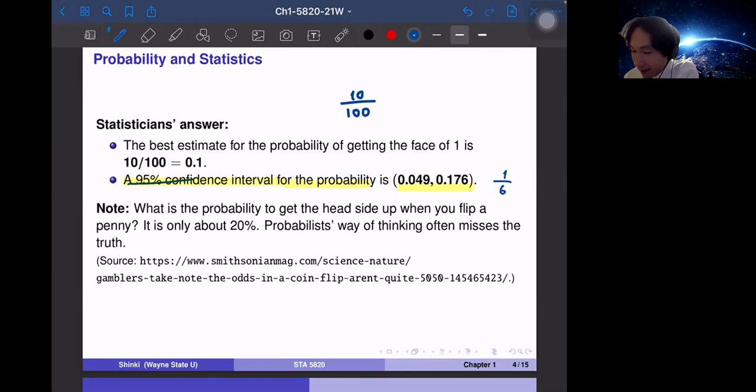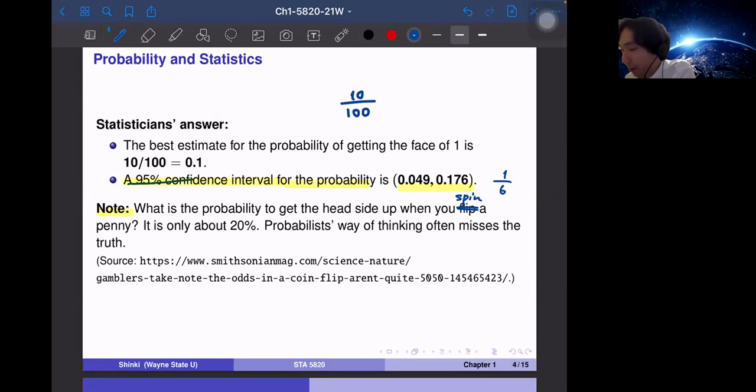This is another interesting example. What is the probability to get the head side up when you flip a penny? Maybe actually this should be a spin. You spin a penny, you rotate the coin so many times. Actually the heavier side comes to the bottom with higher probability.